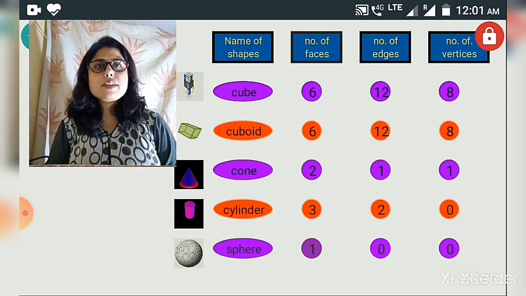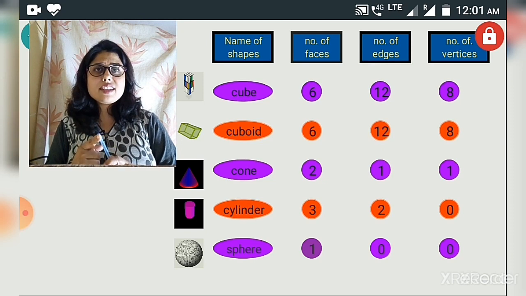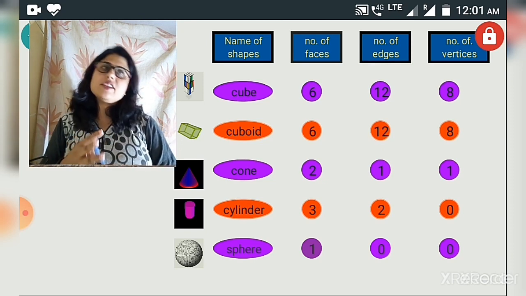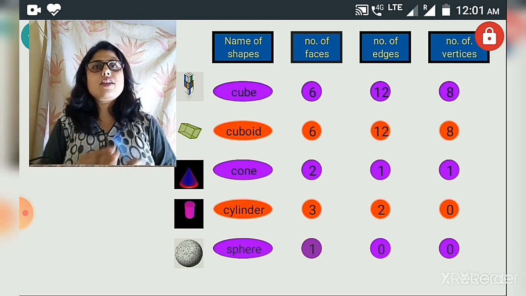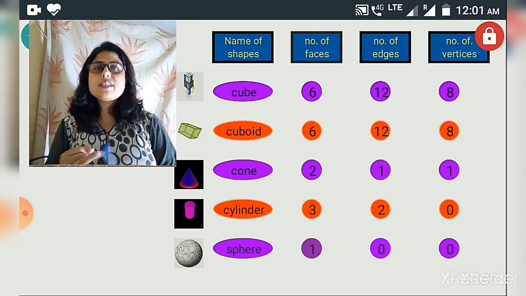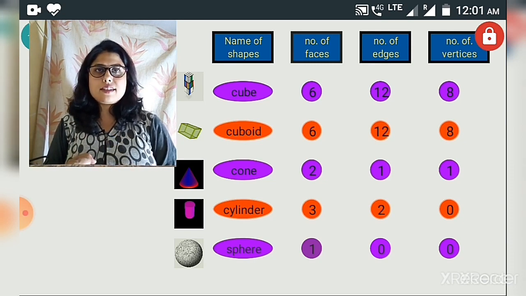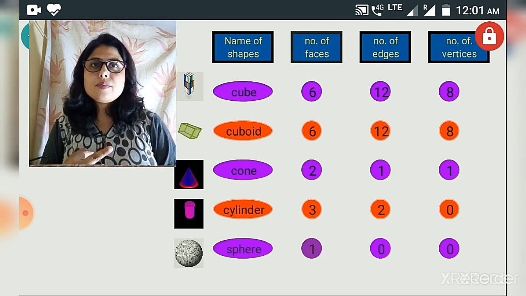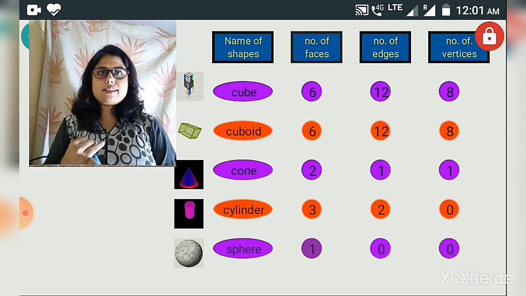The cuboid also contains the same number of faces, edges, and vertices: 6 faces, 12 edges, and 8 vertices.